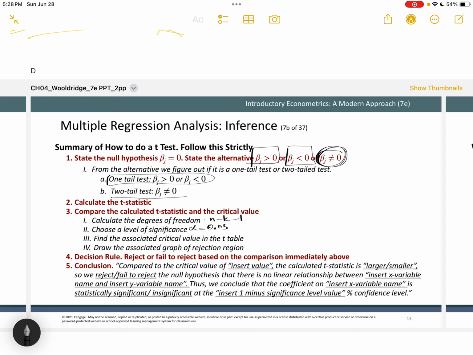Are we done? No. We are going to compare our calculated test statistic to some critical value. What is that critical value? Oh, that critical value is very much connected to your significance level. The error allowance that you have imposed upon yourself is connected to that critical value.